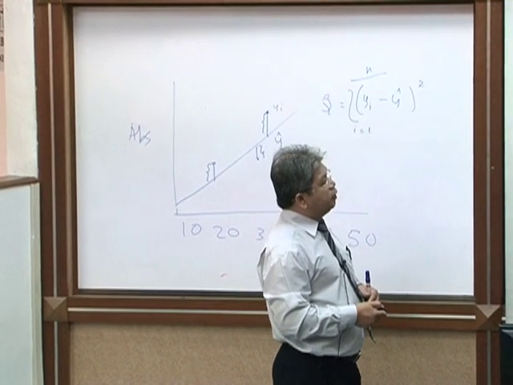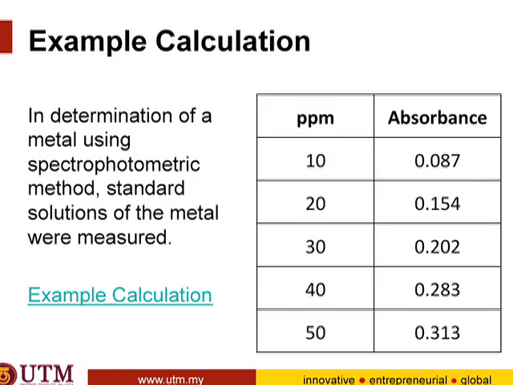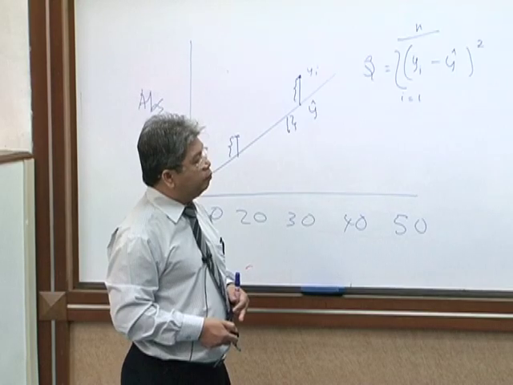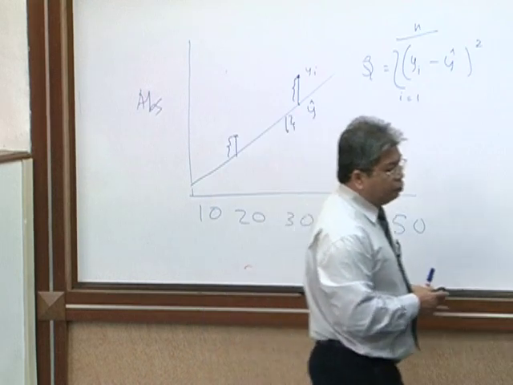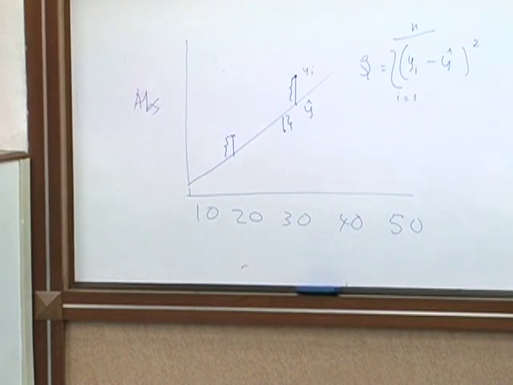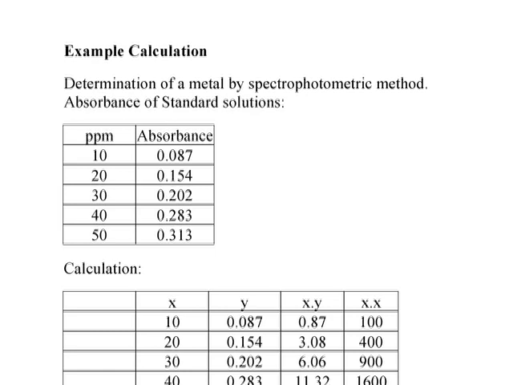Let's say we have a series of solutions with 10, 20, 30, 40, and 50 ppm, and we measure the absorbance value of the standard solutions. Let's say these are the absorbance values for 10, 20, 30, 40, and 50 ppm. In this example, we have 5 observations for solutions ranging from 10 to 50 ppm.